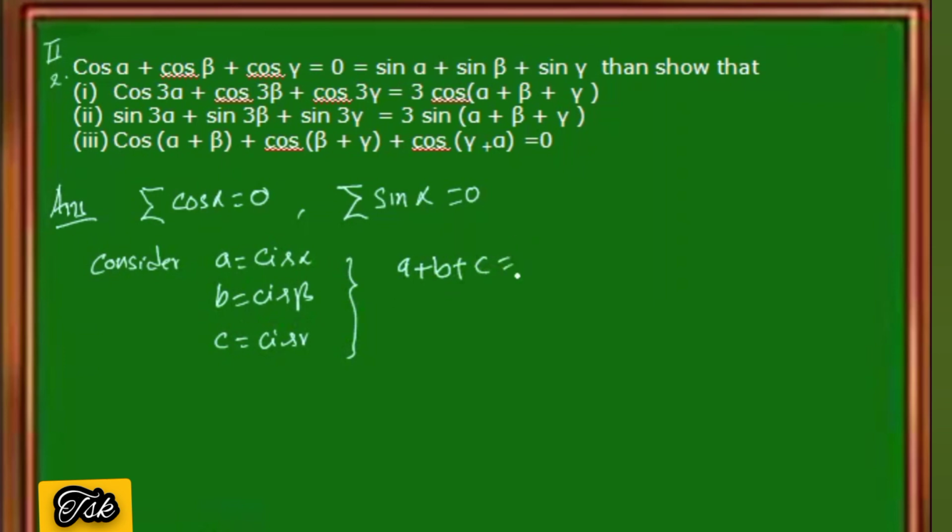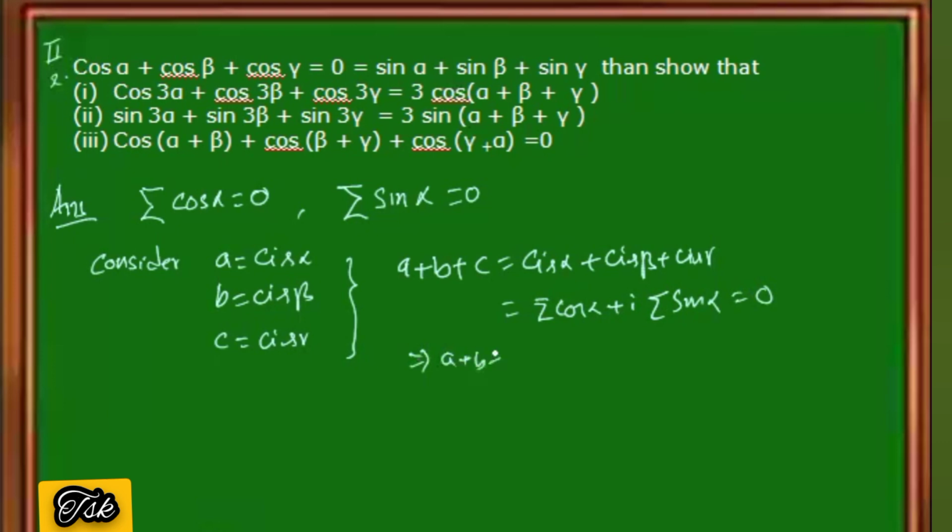A plus B plus C is cis alpha plus cis beta plus cis gamma, nothing but sigma cos alpha plus i into sigma sin alpha, which is equal to 0. Therefore A plus B plus C is equal to 0. Isn't it? Cos alpha plus i sin alpha, cos beta plus i sin beta, cos gamma plus i sin gamma. Real part is sigma cos alpha, imaginary part is sigma sin alpha.